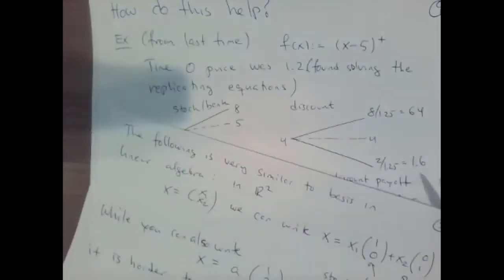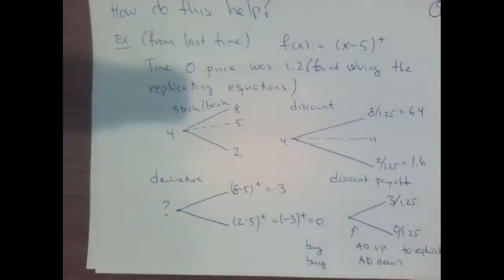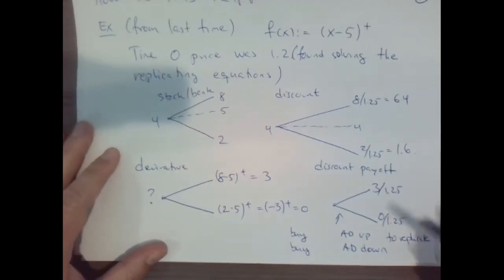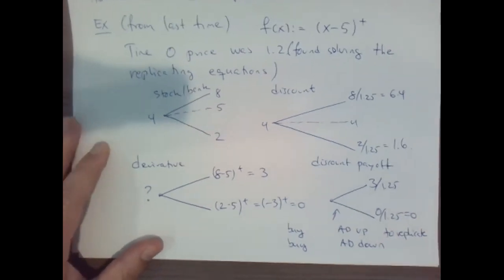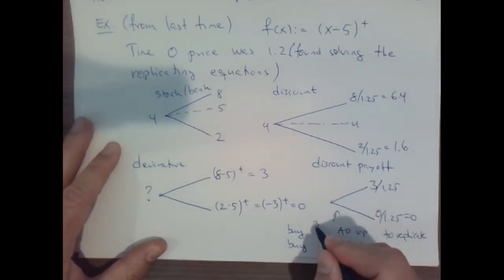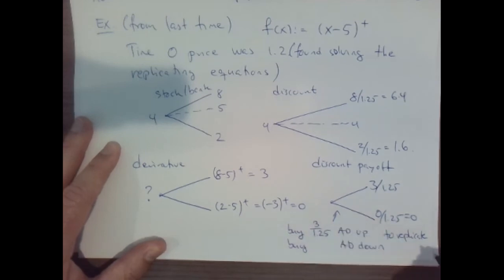So if I fast forward a few pages, I have my coordinates out here. I have 3 divided by 1.25. I have 0 divided by, so the last one is easy. So I need to buy exactly of the AD up, I need to buy 3 over 1.25. And I need to buy 0 of the other guy.